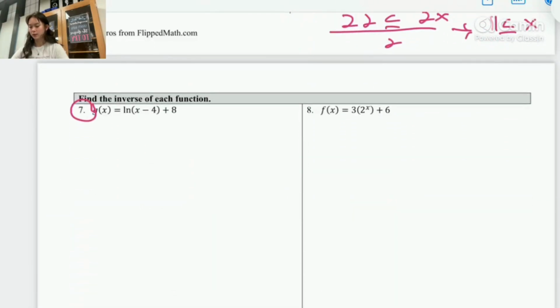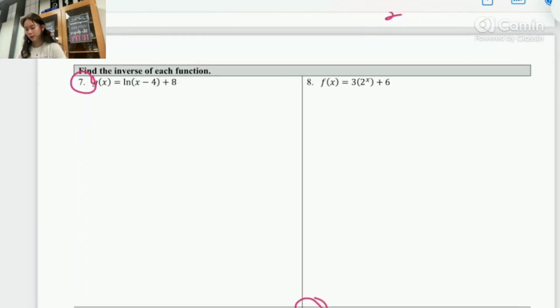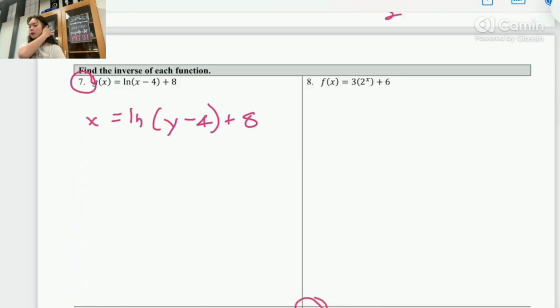This one is ln of x minus 4 plus 8. So for this one, we're going to start with making this just an x, and then we're going to switch the y and the x, so we can more easily do this, x equals ln of y minus 4 plus 8, and then we're going to add an e to both sides so that it'll get rid of the ln.